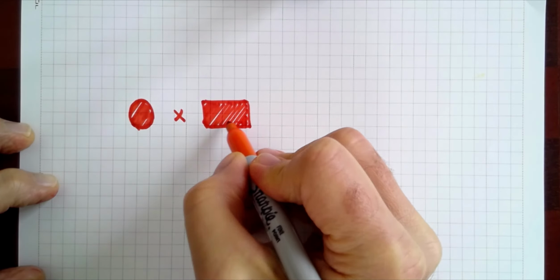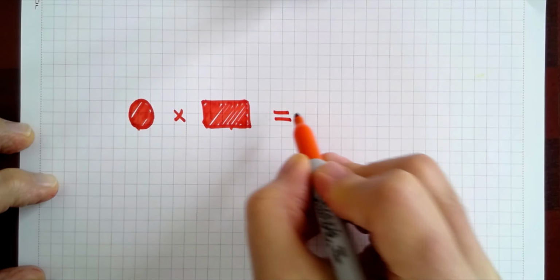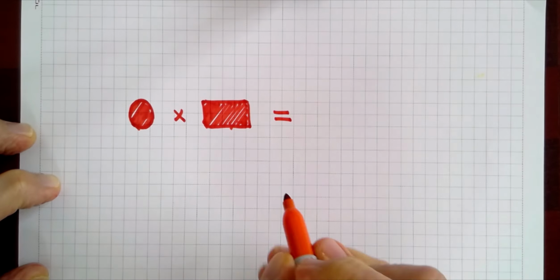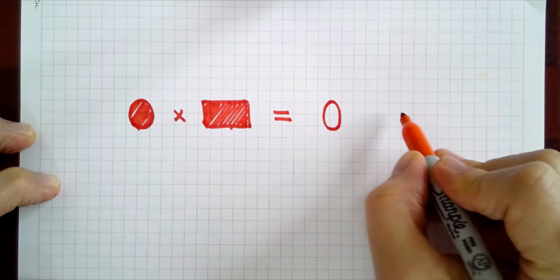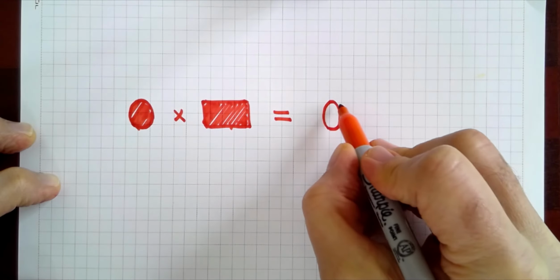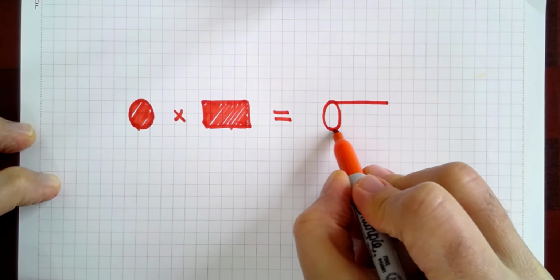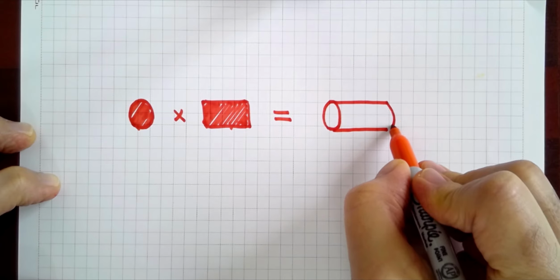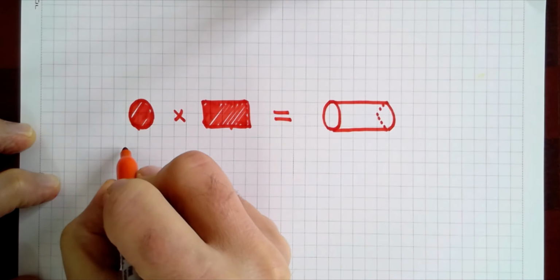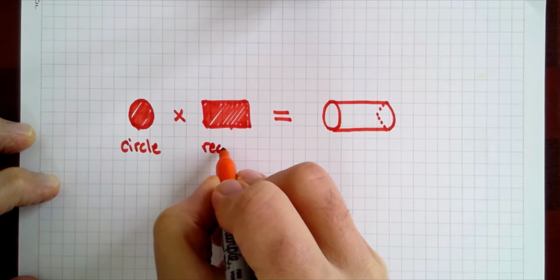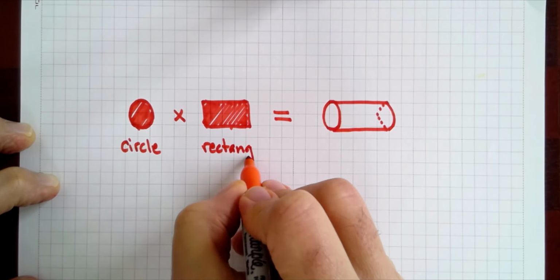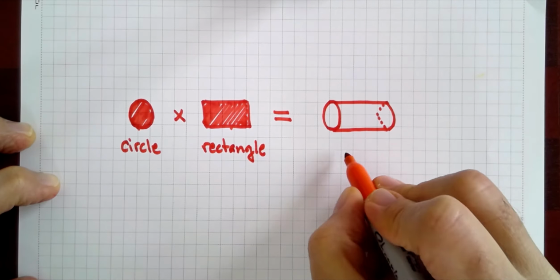That might seem like a very strange question, but for me, the answer has to be a circle that's stretched out like a rectangle. So this is a circle, this is a rectangle, and if you multiply them, you get a cylinder.